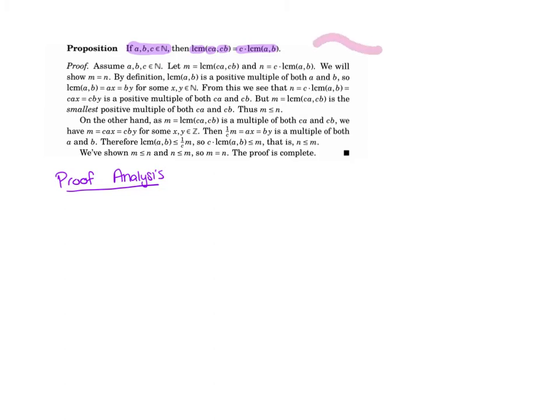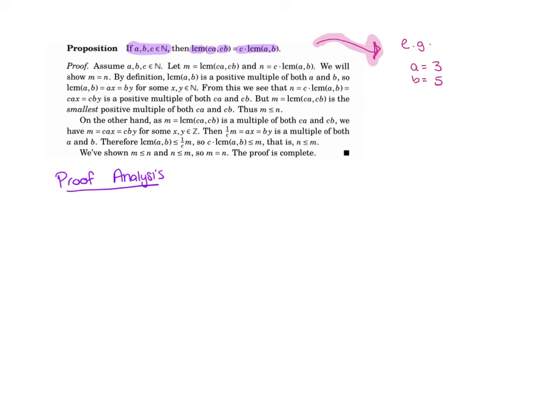So whenever we're doing proofs like this, it's really helpful to first convince ourselves that the statement is true. So I'm going to go ahead and just look at a few examples first. So maybe I can let a equal 3, b equal, I'm going to be thinking about the LCM. Well, okay, we'll start with 3 and 5.